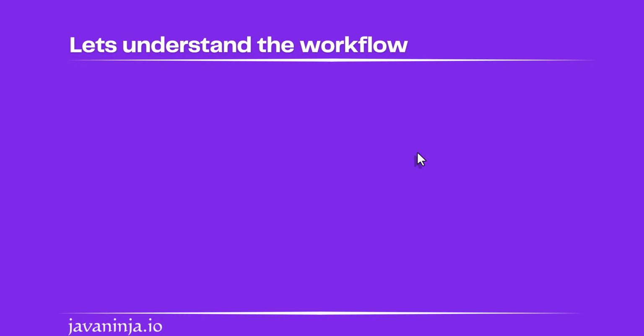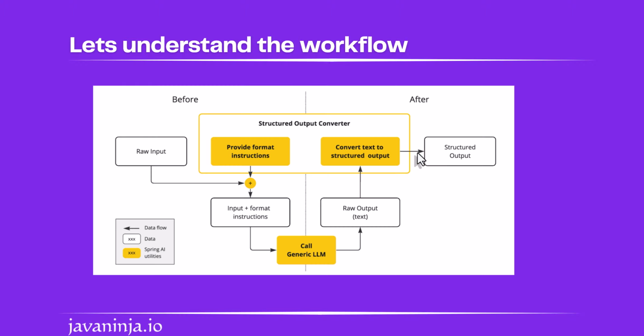Let's quickly understand the workflow. How does it happen? When we provide the raw input to the large language model, we can also provide some additional information, like in which format we want to receive the response. Both the things, the input and the format information, get passed on to the large language model.